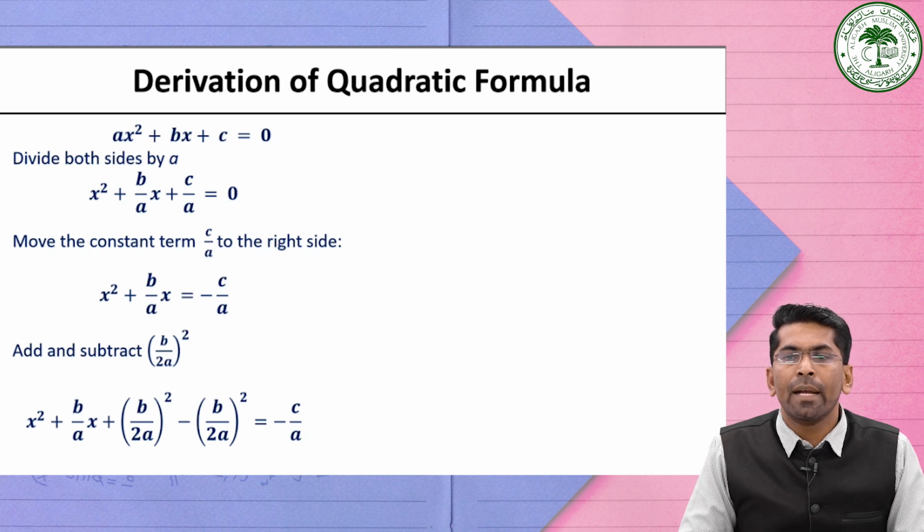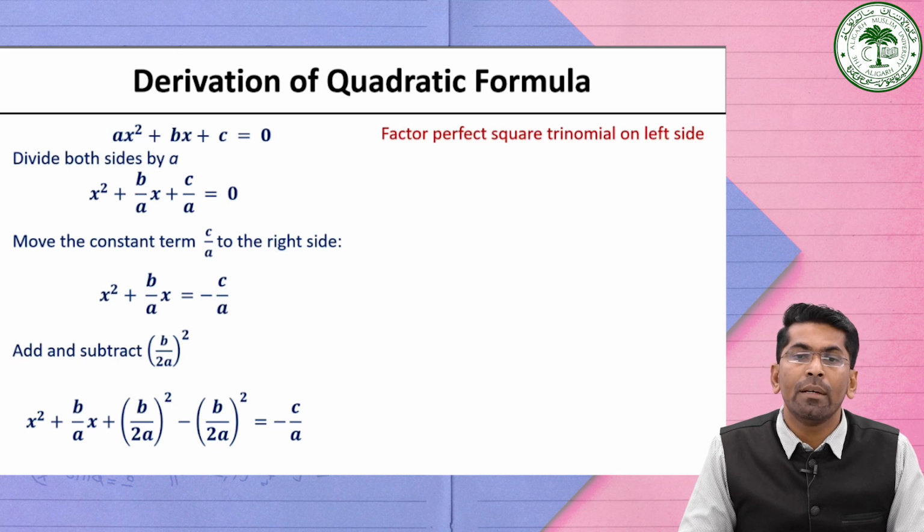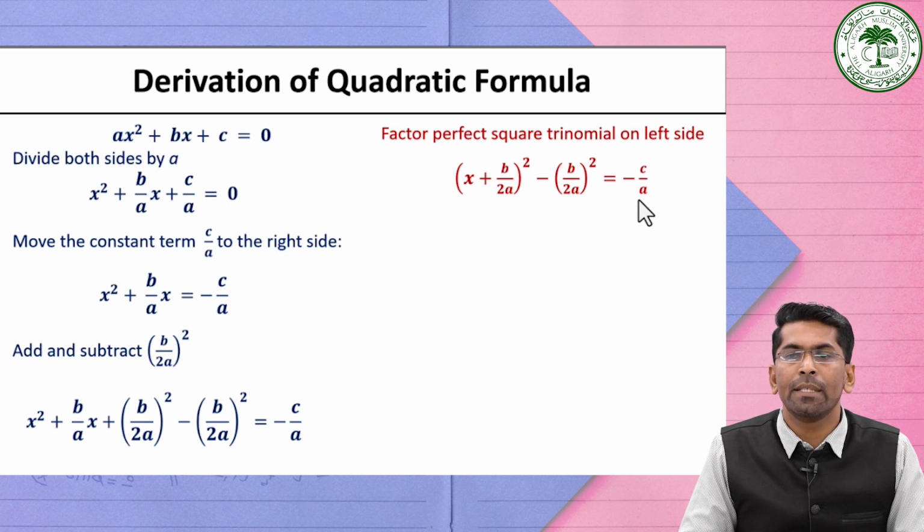Then we can write the factors for the perfect square trinomial on the left side. This particular term will become x plus b by 2a whole square, in the form of the a plus b whole square expansion. So we can write x plus b by 2a whole square minus b by 2a whole square is equal to minus c by a.